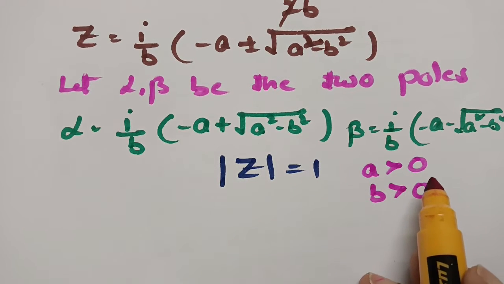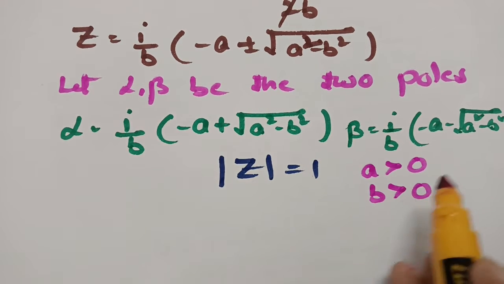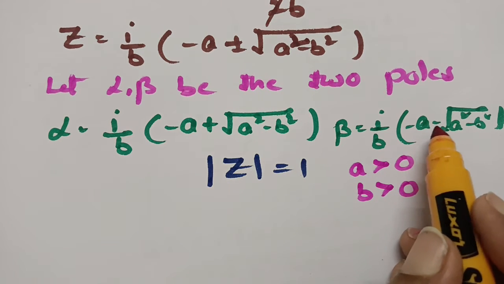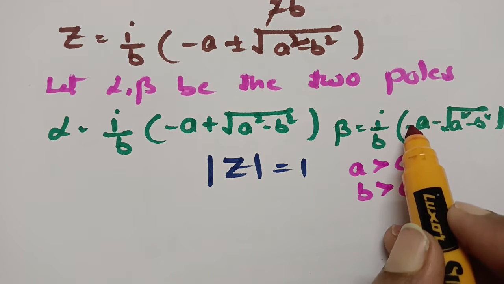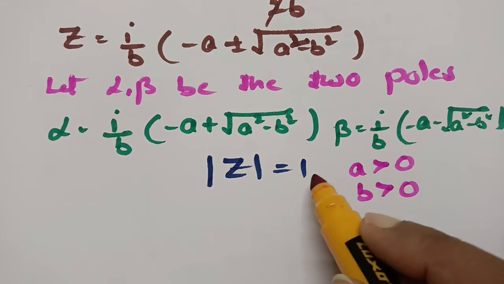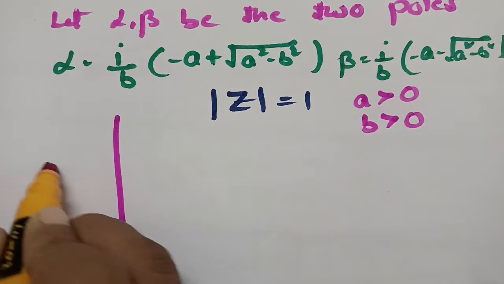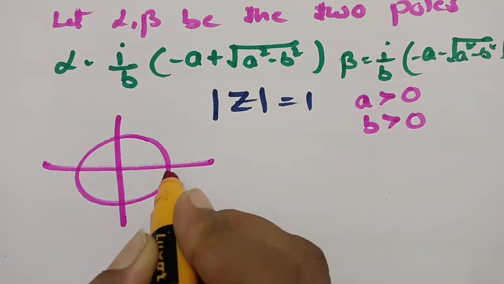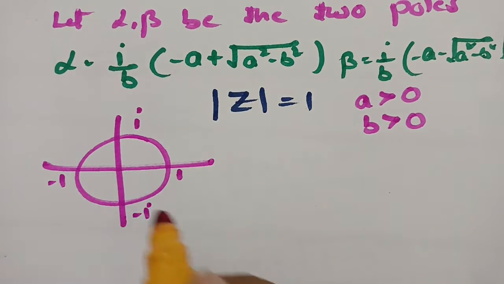It might be 1, 2, 3, 4 and so on. If I take b as 1 or a as 2, this gives −1 and −2, which is greater than 1, so it is beyond the value 1. As this is the circle, this is 1, −1, this is i and this is −i.